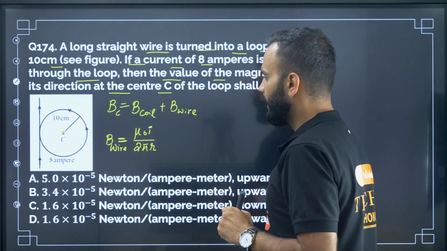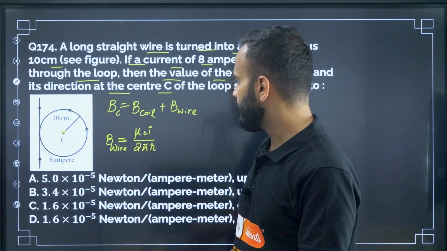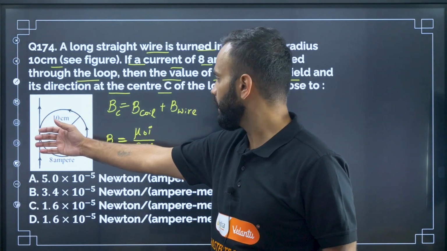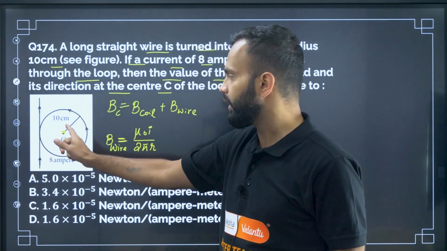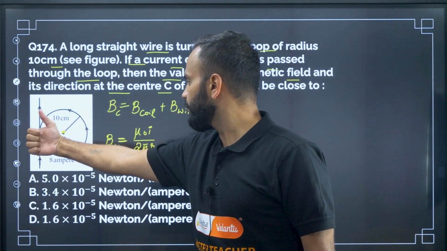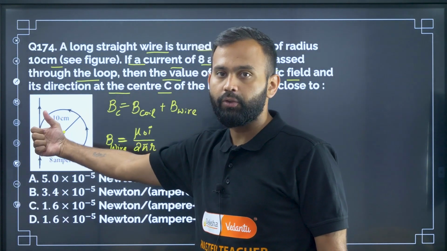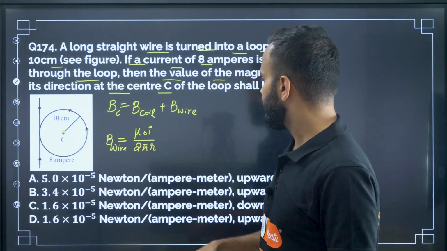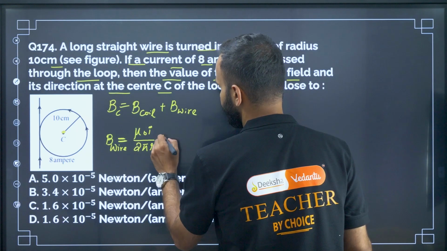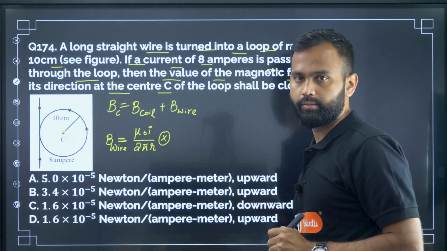What is the direction of the magnetic field at C? It is into the plane, or inward direction.